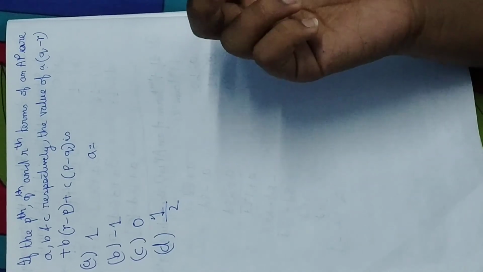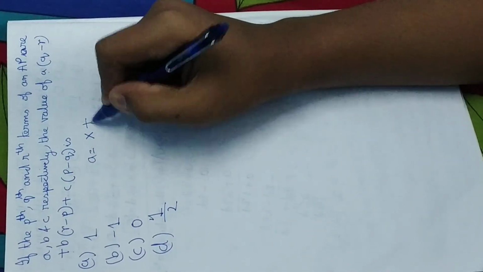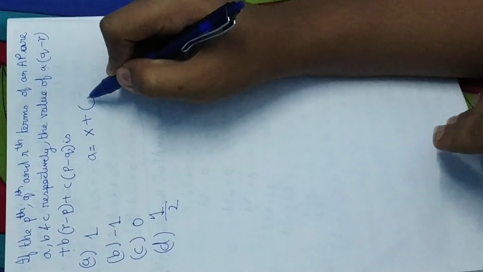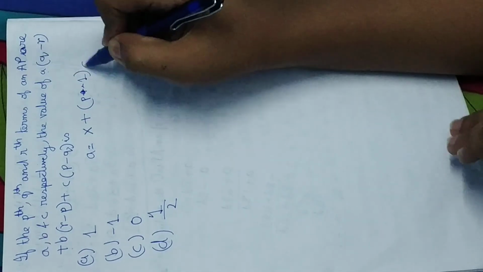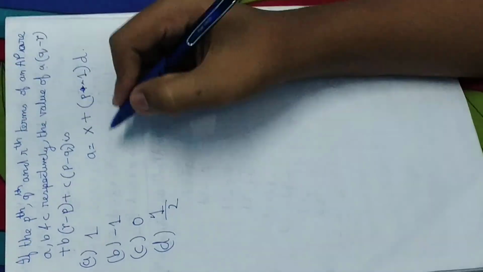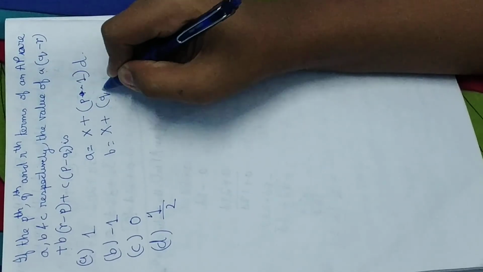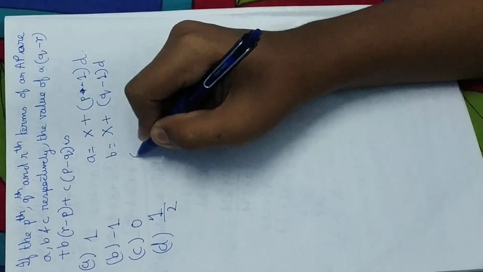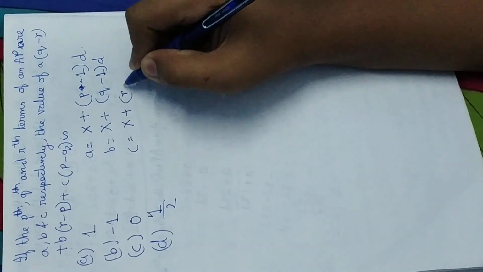Hence, in place of a, I will write x. x plus (p minus 1) d is a, the pth term. Then b is equal to x plus (q minus 1) into d, the qth term. Similarly, c is equal to x plus (r minus 1) into d.